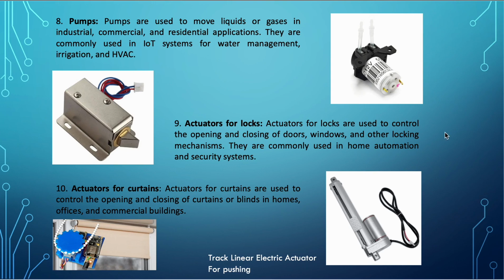Of course, these can be used for security systems, home automation. It could be for windows, doors, and everything. So if you take a smart home, you can just open your app, press a button on your screen, and the entire house will be locked automatically together. Actuators in curtains. These final two examples are being used in smart homes, plus we can say they are byproducts of motors themselves, right?